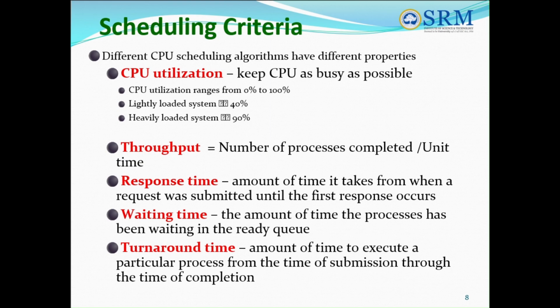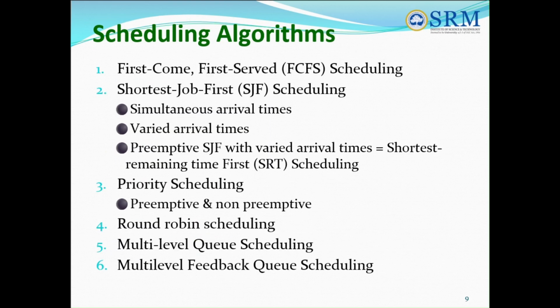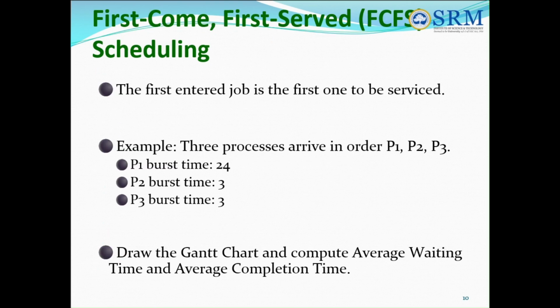Waiting time is the amount of time the process has been waiting in the ready queue. Turnaround time is the amount of time to execute the particular process from the time of submission through the time of completion. The scheduling algorithms are first come first serve, preemptive, non-preemptive, round robin, multi-level queue scheduling and multi-level feedback queue scheduling.